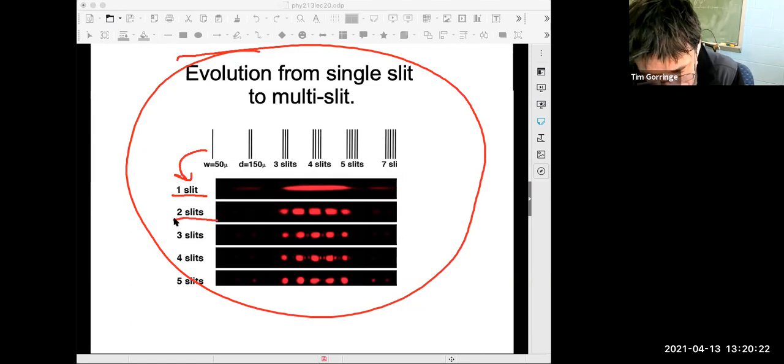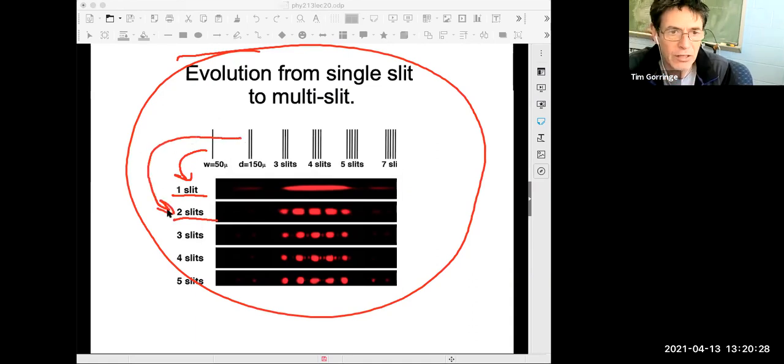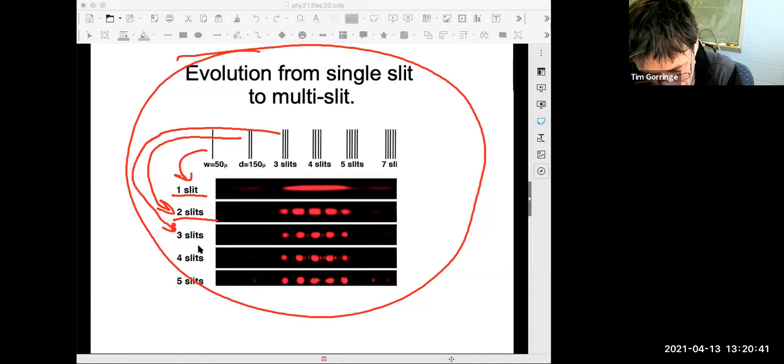The second little sketch is the diffraction pattern from two slits, and you get this fine detail here. We talked about both these cases in today's class and the last class. The third picture is 3 slits. Then 4 slits, then 5 slits.